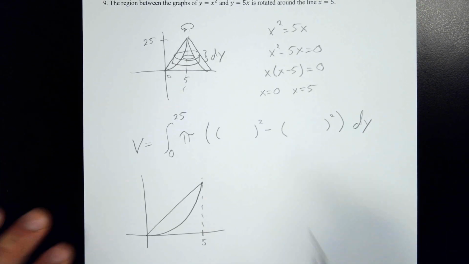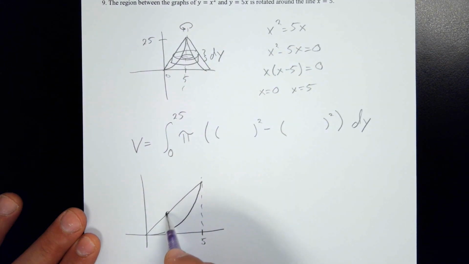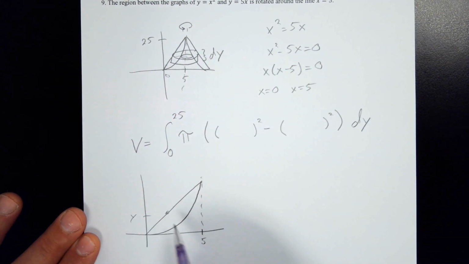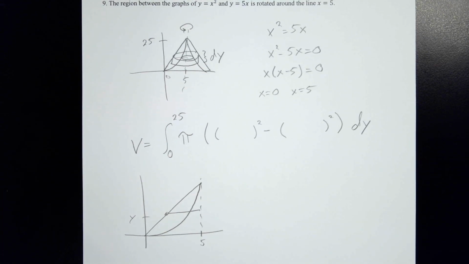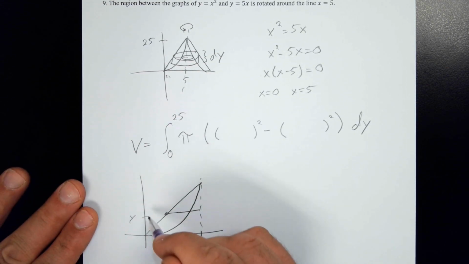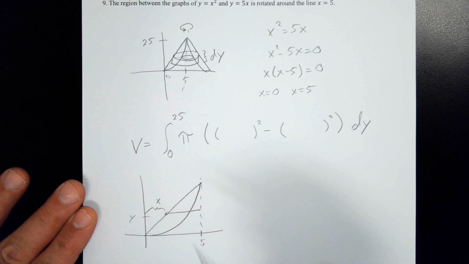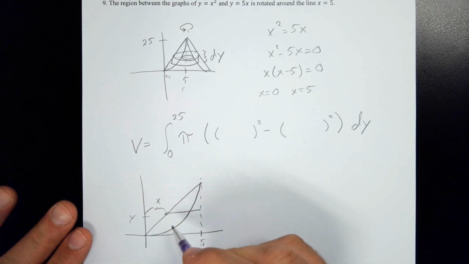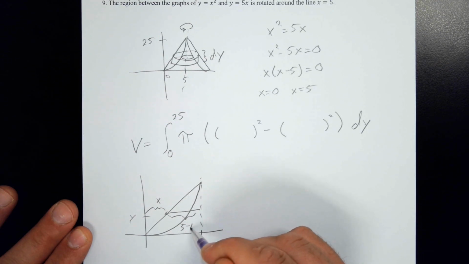Now, my bigger radius is this distance right here. That's my bigger radius. Well, that's a horizontal distance, and this distance right here is x. So this distance right here must be 5 minus x.